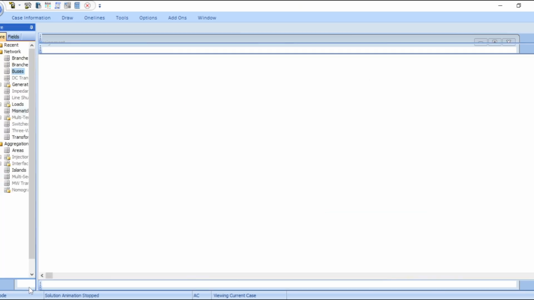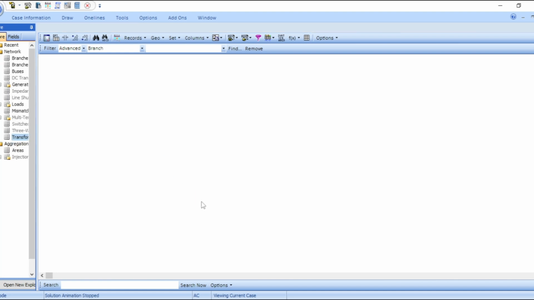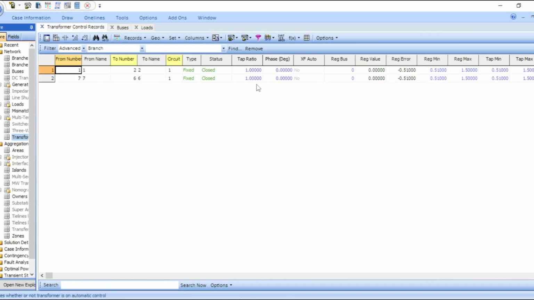So we have the bus records. We add the per unit values using the given base quantities, and all these values are for the transmission lines, and these are for the buses before the run, and this is for transformer controls, which are these values, and this is for loads.